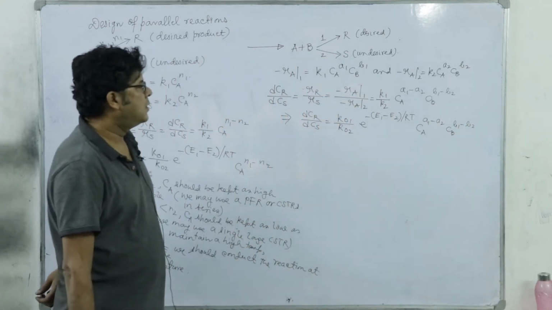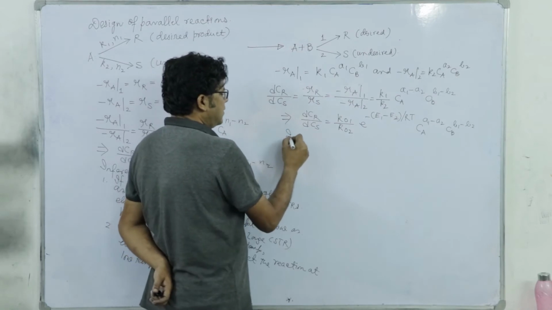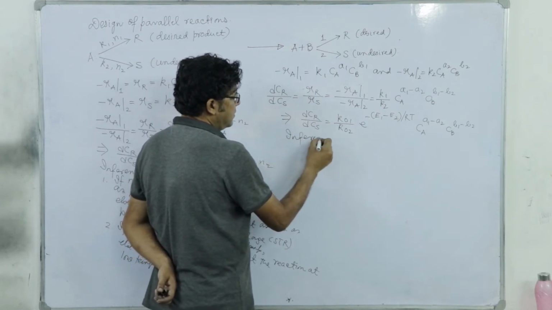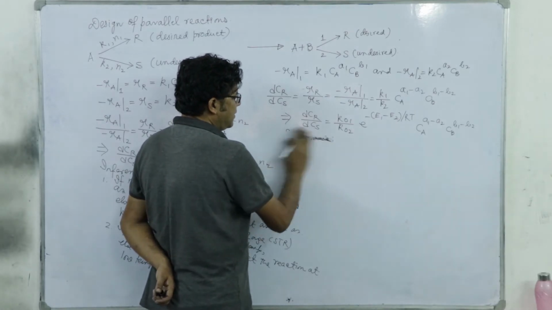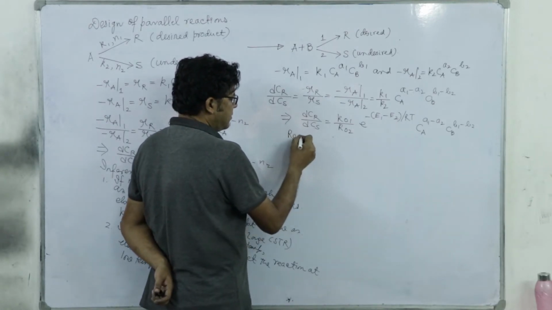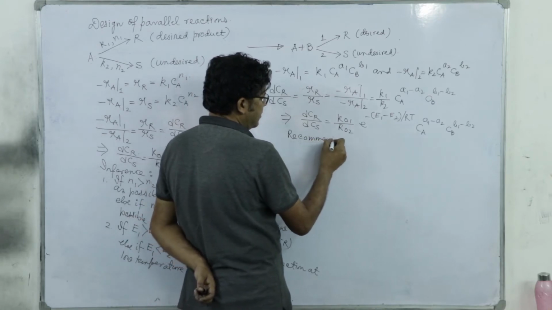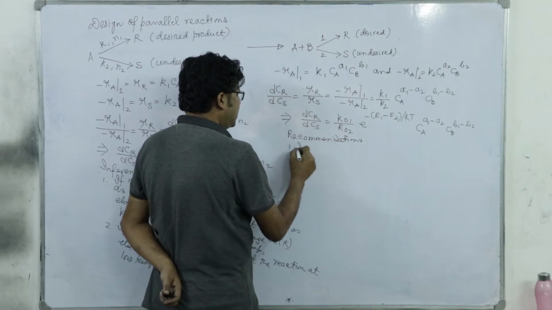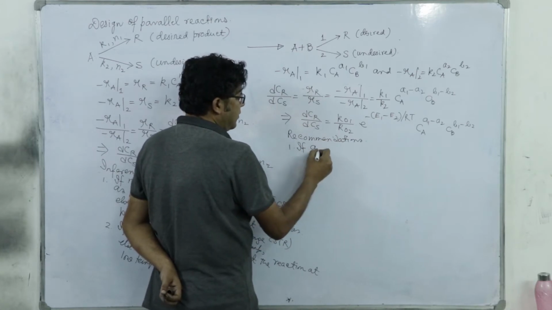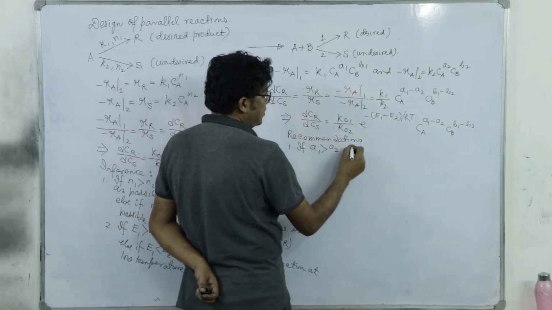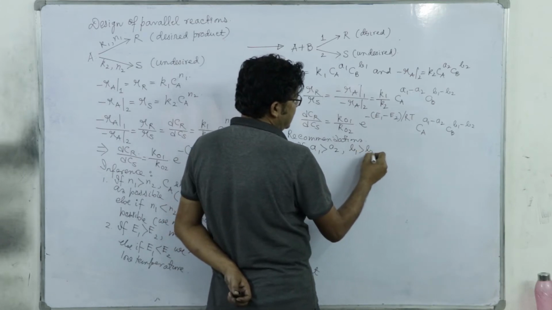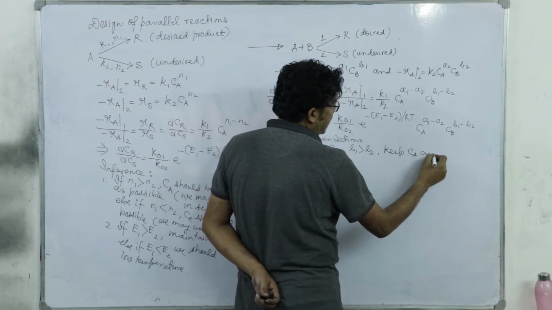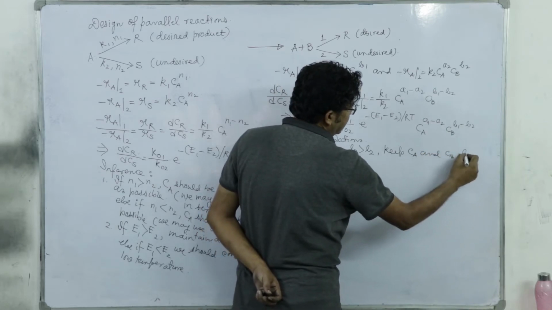Here we can draw certain inferences, or rather recommendations. Number 1, if a1 is greater than a2 and b1 is greater than b2, keep Ca and Cb high.